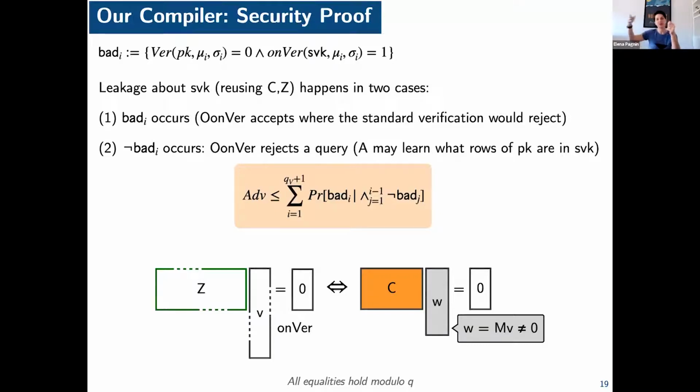And then I assume that up to now, all of the previous queries I've done were of the type non-bad, which was the only other way I could leak information, because we saw that the other cases didn't leak any information. So this is an upper bound on the adversary's advantage. And how do we give a number to this? To connect to the question that we got before, here you have the QV, which is the number of verification queries that comes into play. You can see it at the top of the sum.